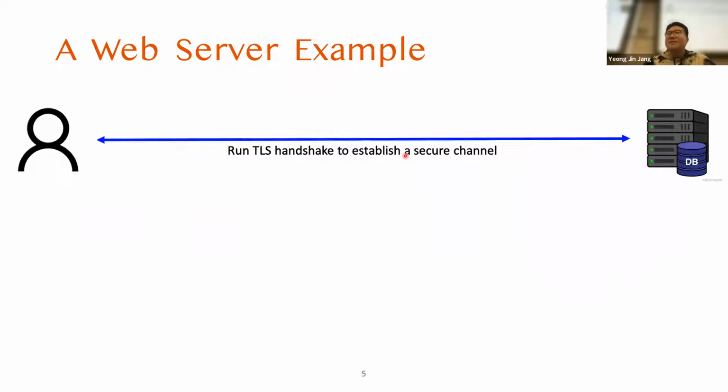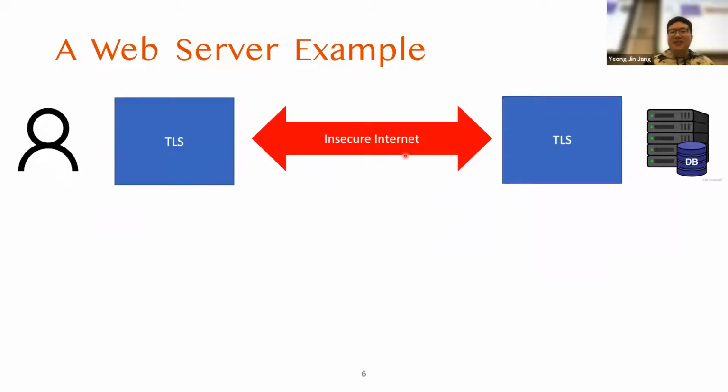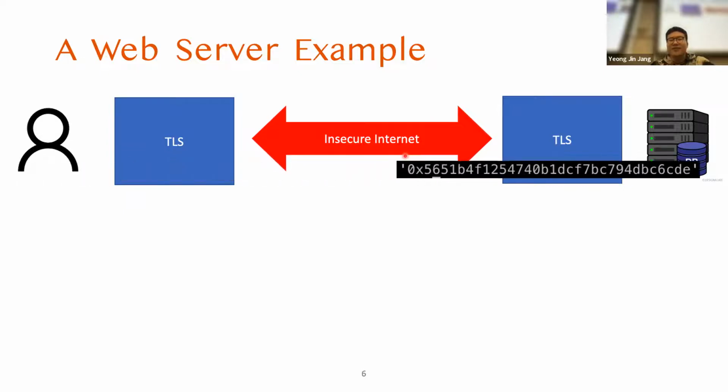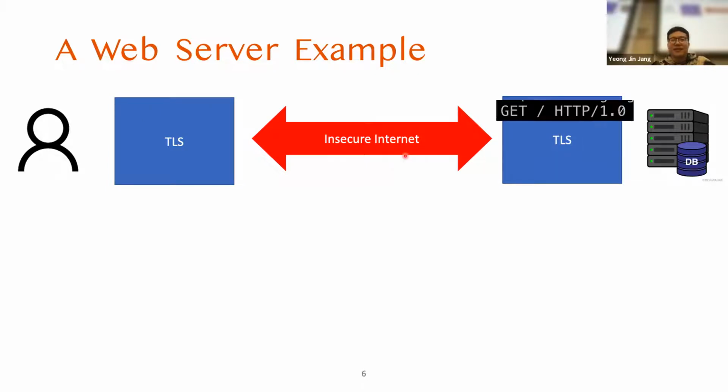After protecting the layers with TLS, the communication works like this: even if the application generates plain text, the TLS module will encrypt it and send it over the network, so the middlemen will see the encrypted message. At the other end, the TLS module decrypts it, and the server application gets the plain text.